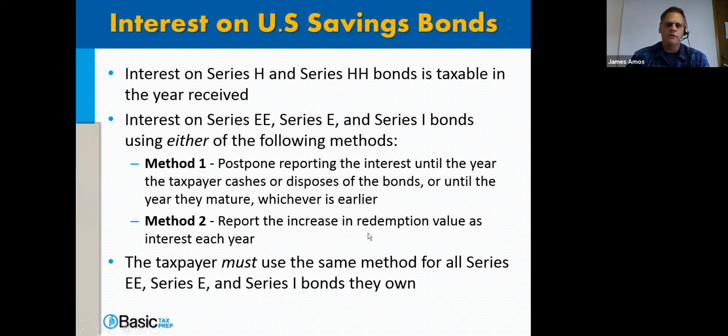Or, no, I want to include it now, my little bit now. And then next year, the amount goes up some more for 2020. So for 2020, if you choose to report it, it's the amount that increases for that particular year. And you find that out from the people that are handling the bond for you. They would know how much it's going up for that year. Does that help?